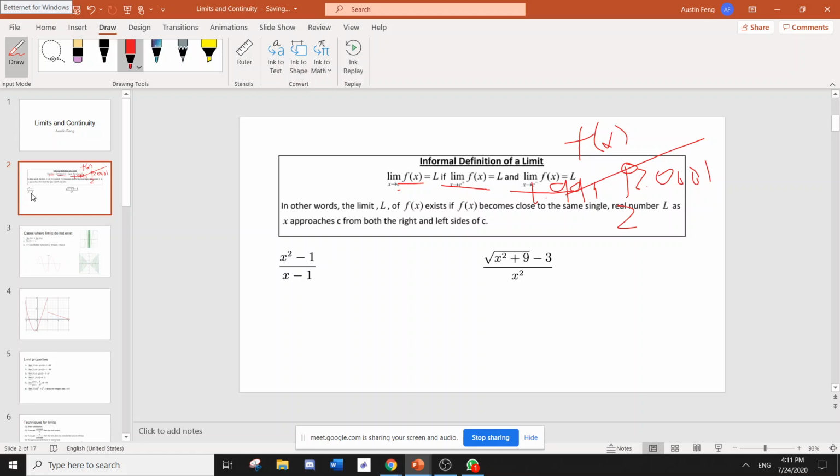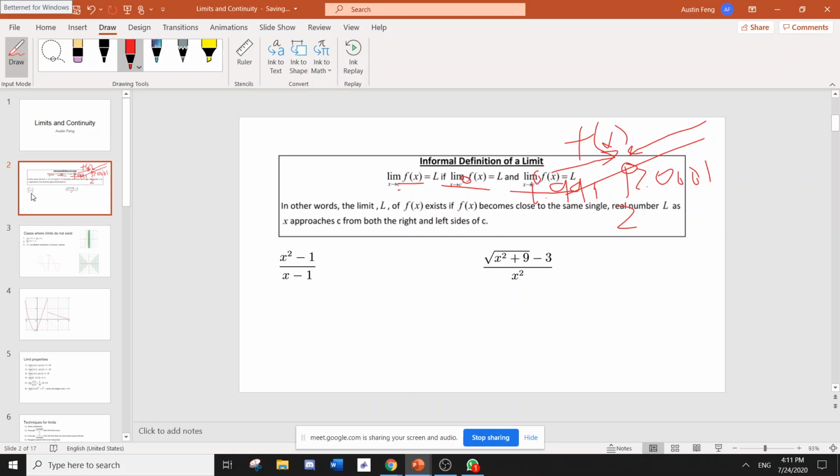The little plus sign stands for the positive direction, so you're going from the right side towards the point. The minus sign stands for the negative side, so you're going from the negative side towards the point.